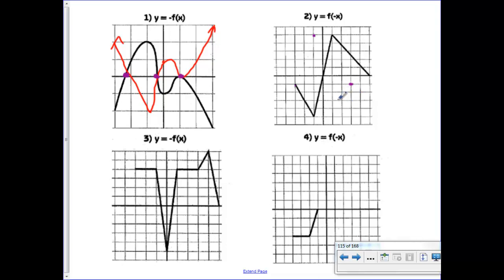Lost you. Okay, so like this negative x right here means whatever your x value is, make it negative. So like here's an x value right here. This x value is at 1. Well, 1, I'm now going to move this point over here to -1. Here's an x value of 2. Move it to -2.